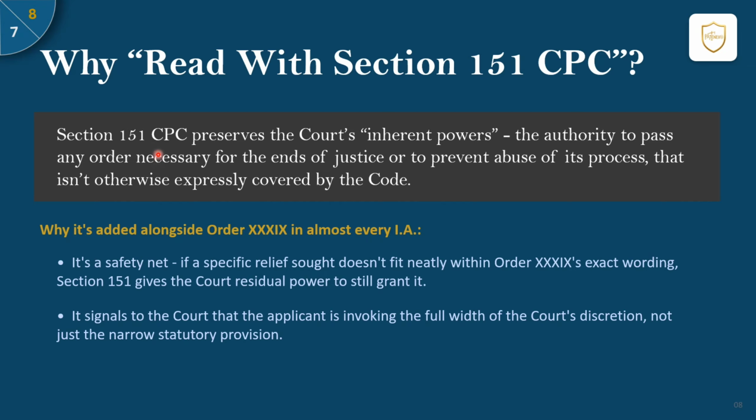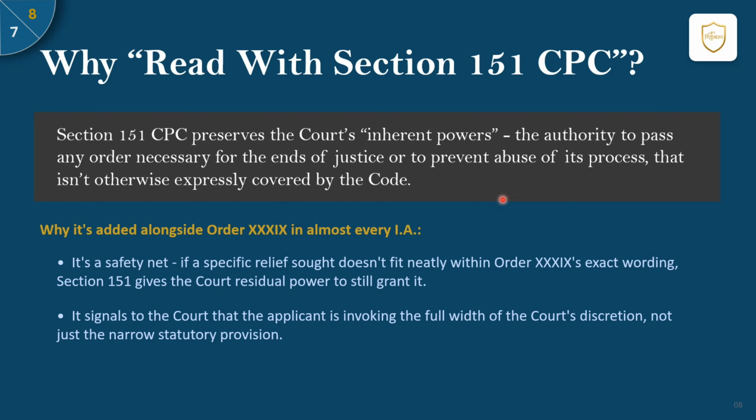Section 151 of the CPC preserves what is called the court's inherent power, meaning the authority to pass any order necessary for the ends of justice or to prevent the abuse of its process that is not already expressly provided for elsewhere in the Code.